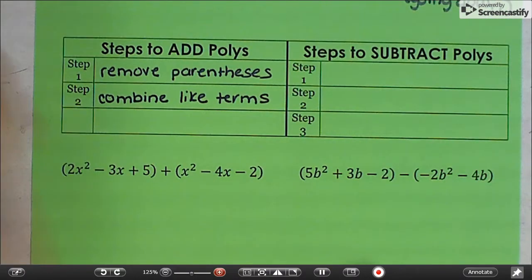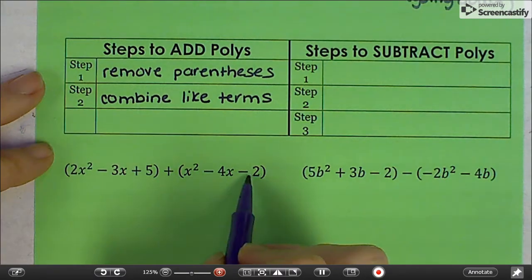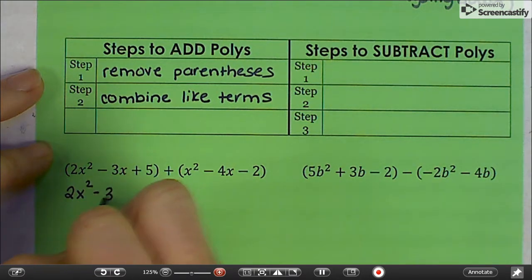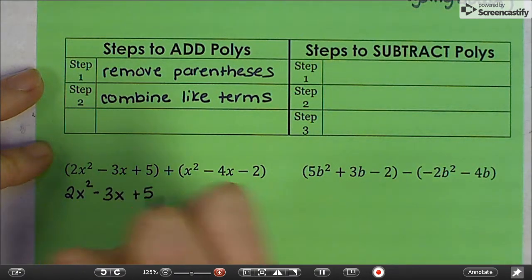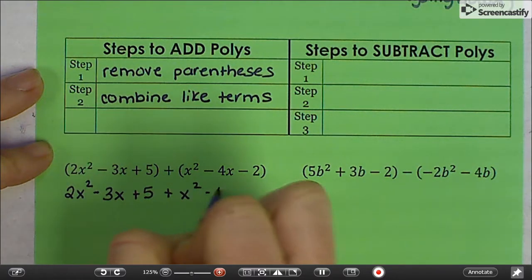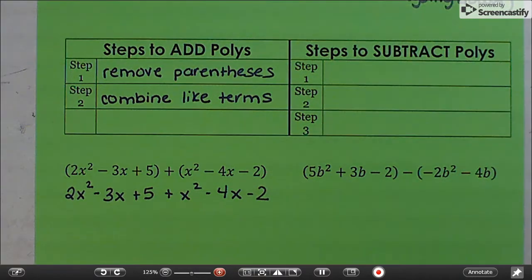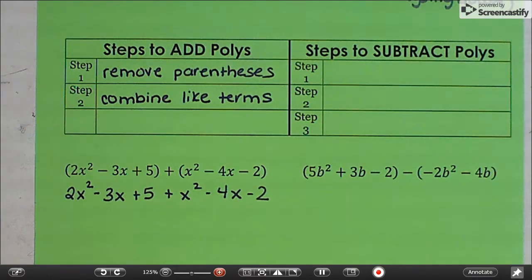So looking at this first example right here, step 1, remove the parentheses. Step 1, done. Step 2, we're going to find anything with like terms and combine them.